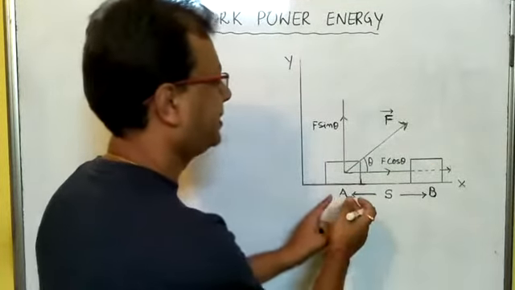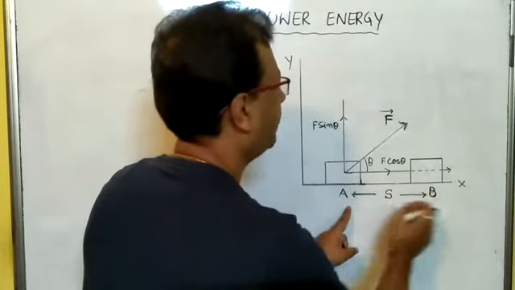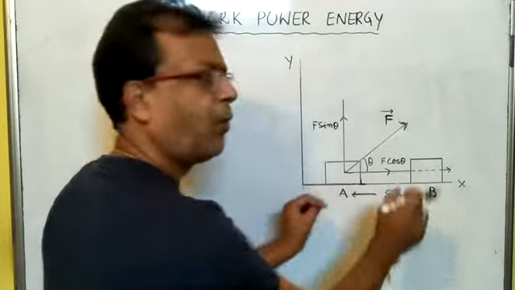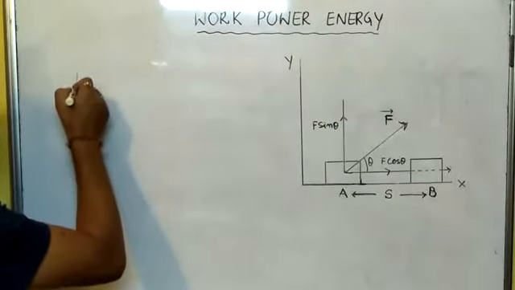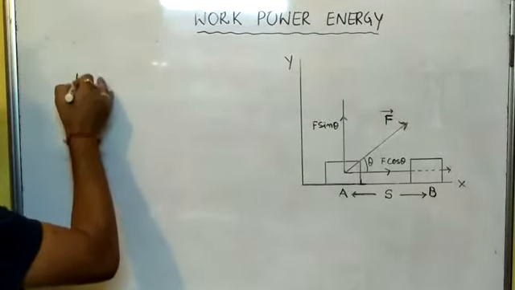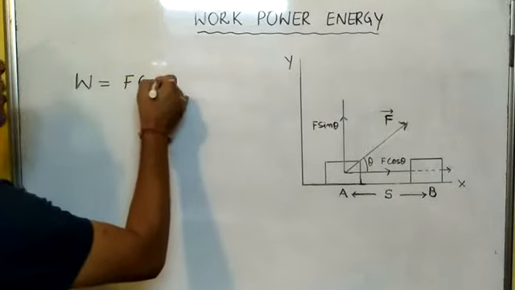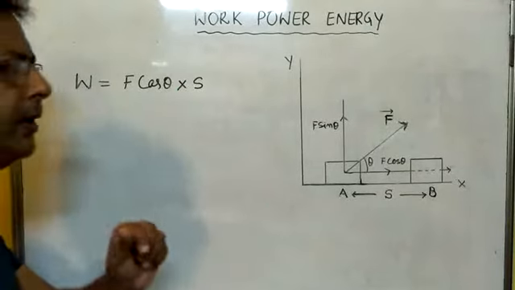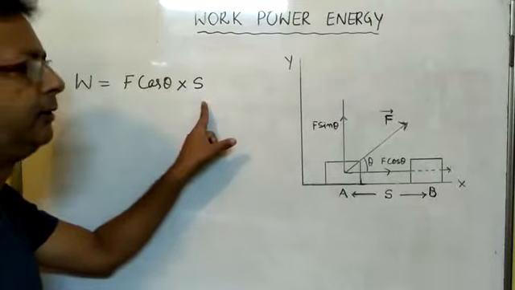Now the body gets displaced from A to B. If the body gets displaced from A to B by distance S, then how much is the work done? The work done W is equal to F cos theta into S. Remember, work is equal to force into displacement.